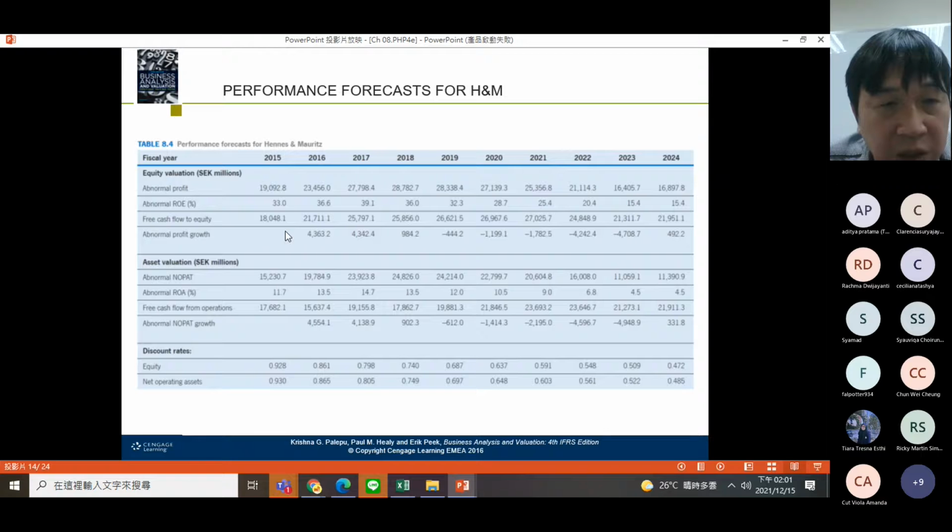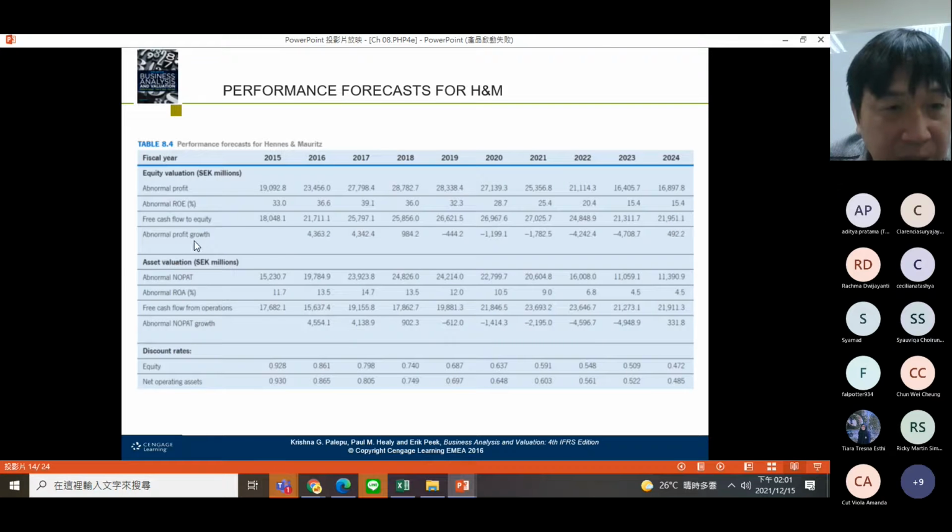So we know the total free cash flow, after deduction of the debt, leaves the free cash flow for the equity holder. For the 10 years of free cash flow to equity, we have 18.18048 until the last year, 21,951.